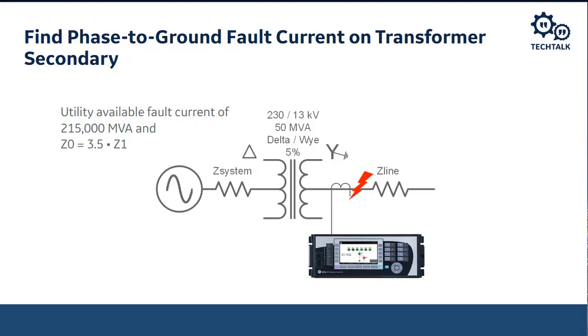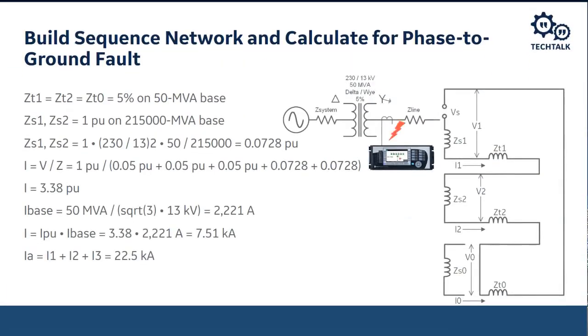So the first thing we need to do is, we know what our transformer impedances are. We've been messing with that. We calculated that on the last 3 slides or so. So we know what that is, right? That's 5% on a 50 MVA base.